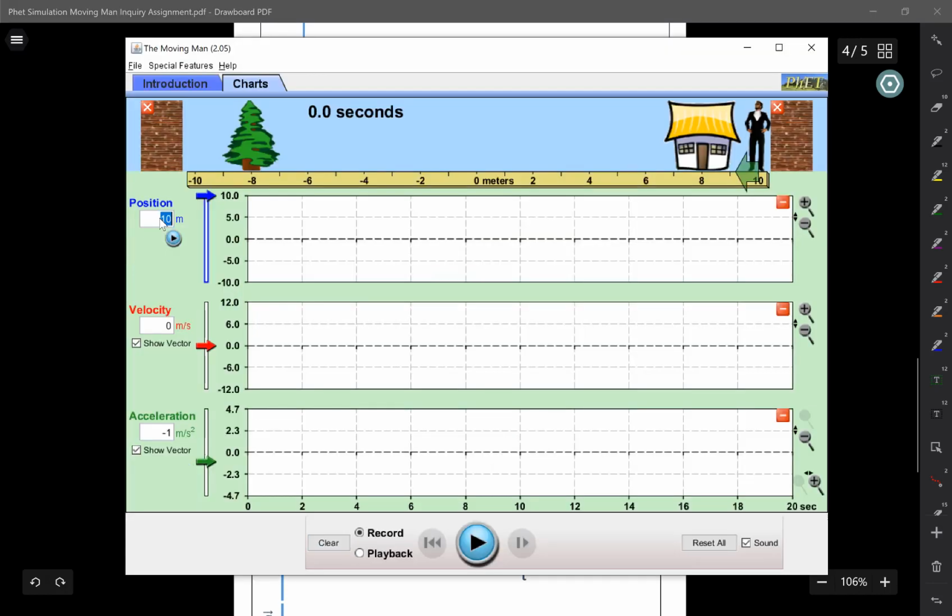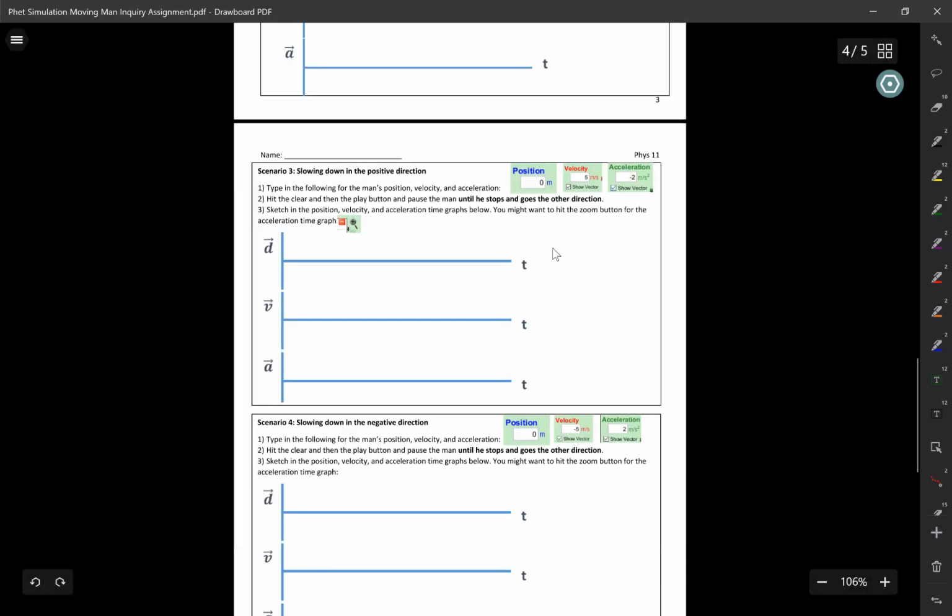So that's 0, 5, -2. Oh, hey, I'm putting acceleration as negative. Let's see what happens. I'm actually going to do this one with you because I want to talk a little bit about the instructions here.